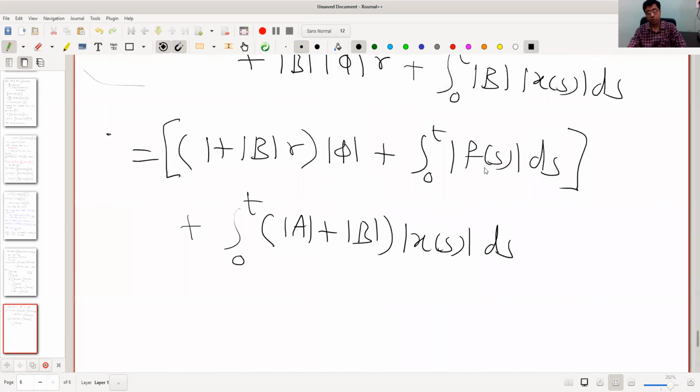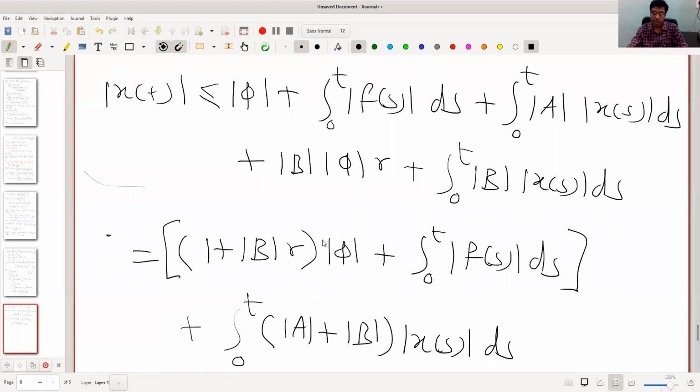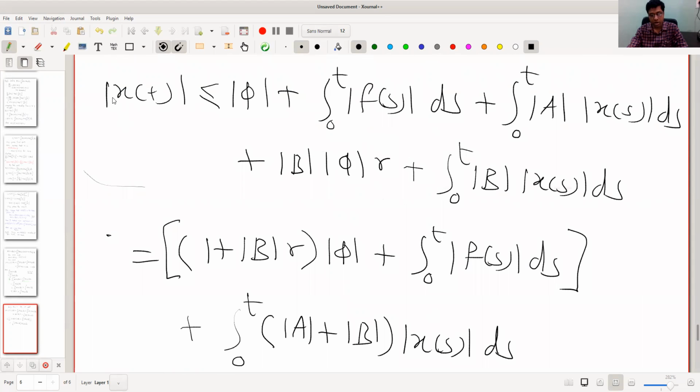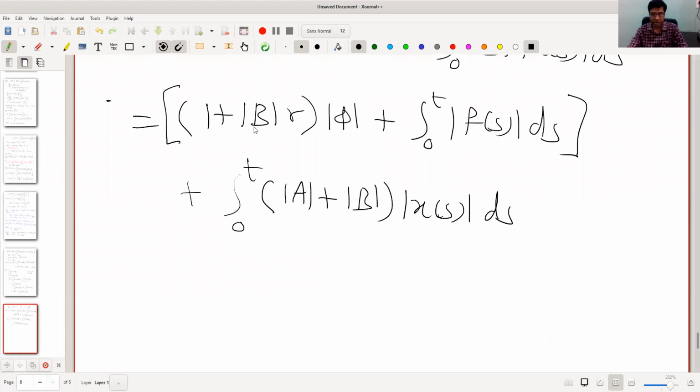Okay, so this is similar to Gronwall inequality. Instead of u we have mod of x of t. In Gronwall inequality we had u of t less than or equal to alpha of t plus integral beta of s u of s ds.